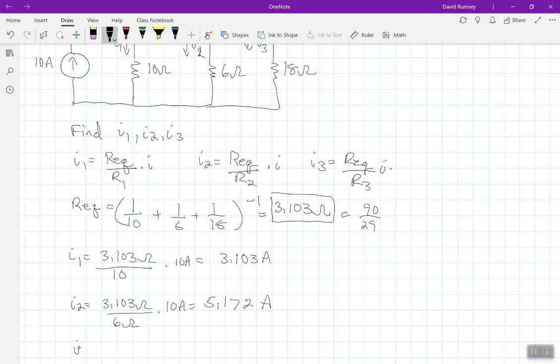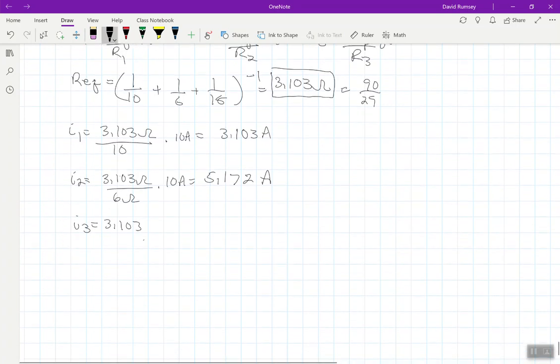And then for I3, it'd be divided by 18 ohms times 10 amps. And you'd get 1.724 amps. And so these would be the three currents.